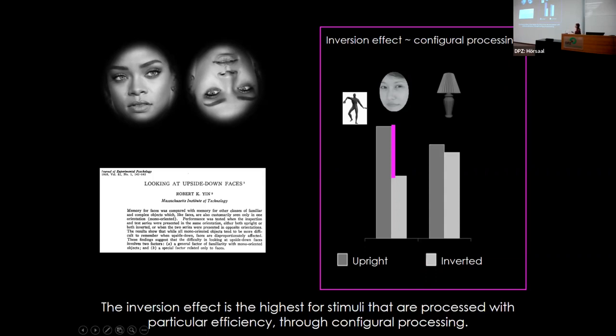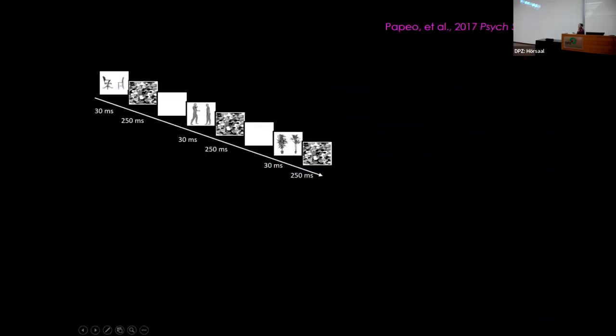And not by chance, the inversion effect tends to be the highest for bodies and faces relative to any other visual object. Okay, now we wanted to know how big the inversion effect is when, instead of seeing one body, we see two bodies, and whether the spatial relations between two bodies matter. So we designed this paradigm in which we presented the stimuli very rapidly, for 30 milliseconds, and then we masked them.